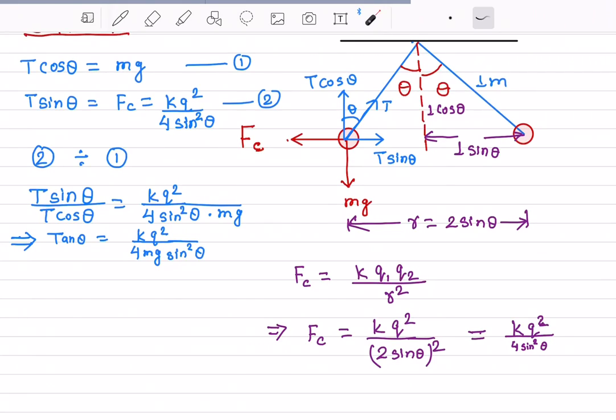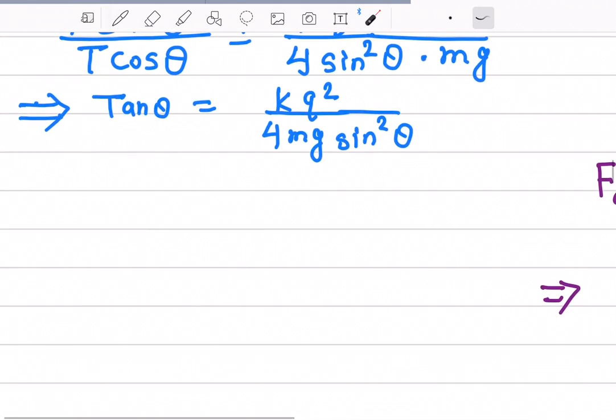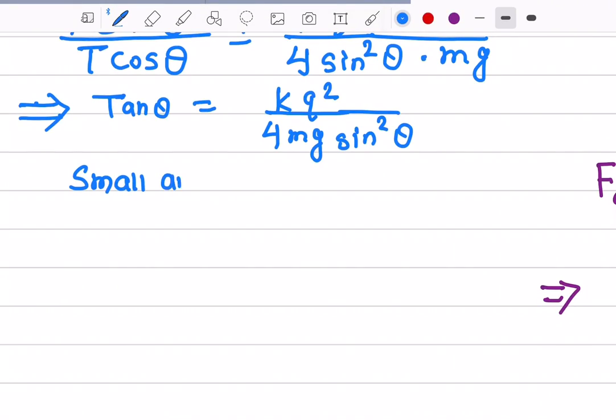Okay, so now we need to make an approximation here. Without approximation, this will be difficult to solve. And as you see, these are very tiny masses and the Coulomb force is very small. So if this angle is small, then we're going to use the small angle approximation.